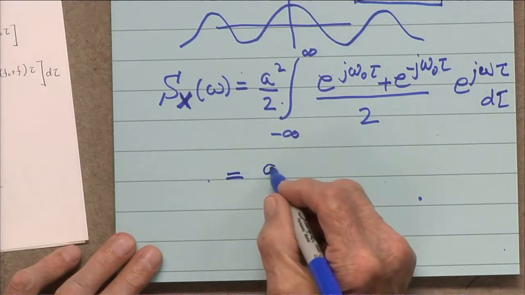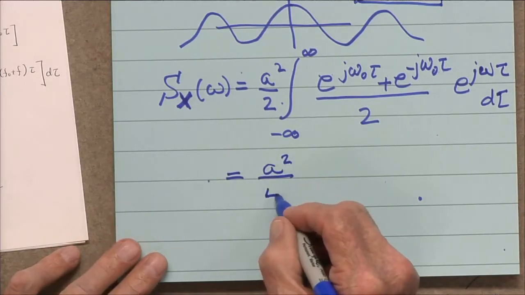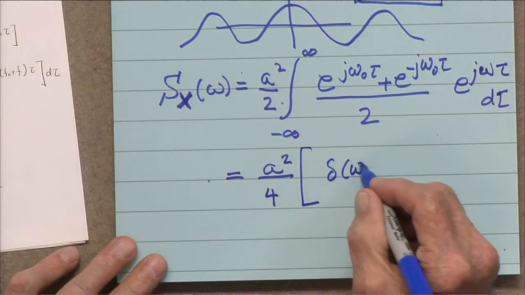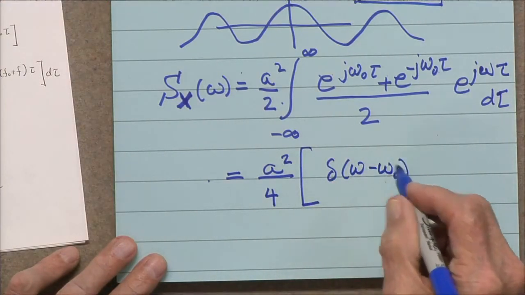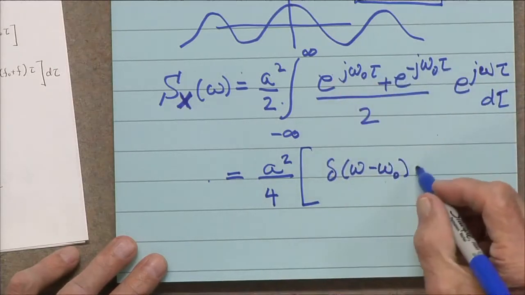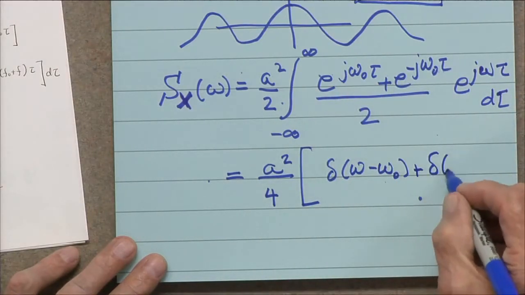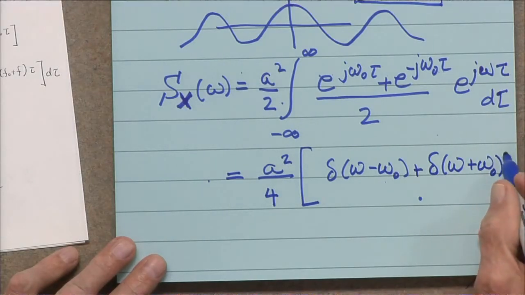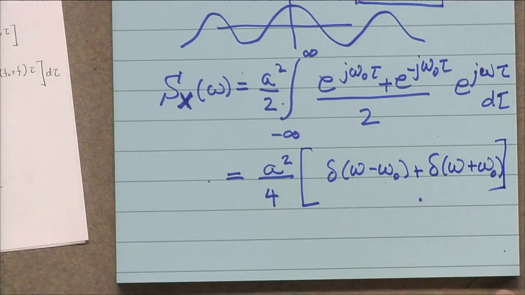So this looks like A squared over 4 delta omega minus omega 0, right? Delta omega plus omega 0. Symmetric.